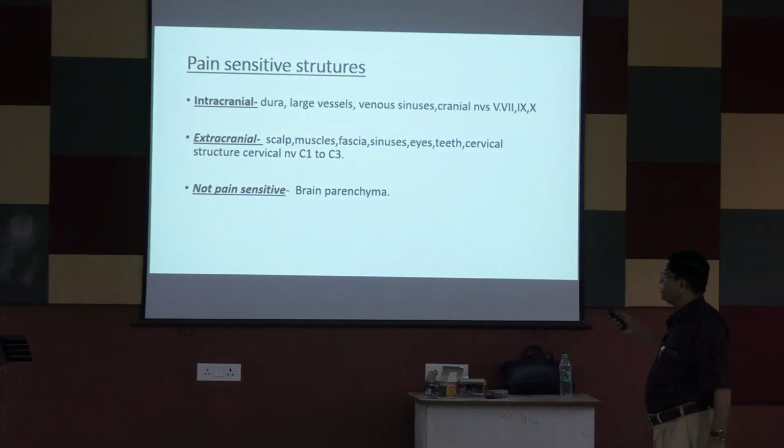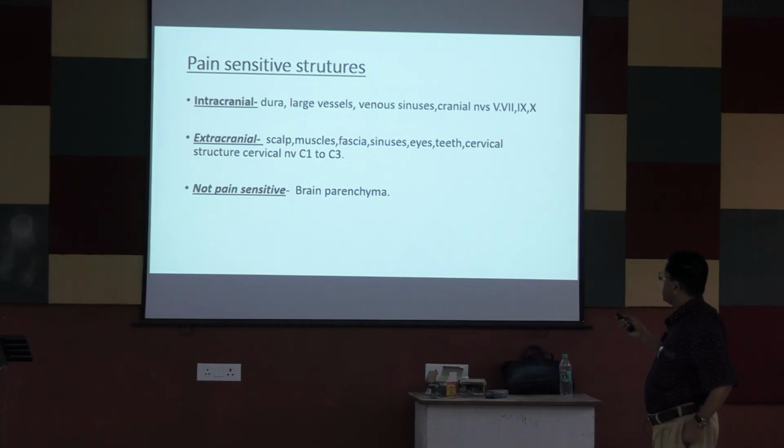Here it is summarized: the pain-sensitive structures, intracranial, extracranial, and non-pain-sensitive. Intracranial: dura mater, large vessels, venous sinuses, cranial nerves. All cranial nerves are painful, but the most important is the fifth. The fifth, 7th, 9th, and 10th carry the pain fibers.